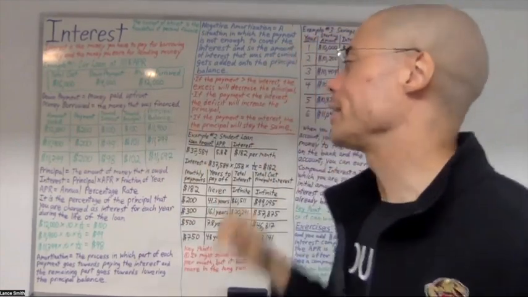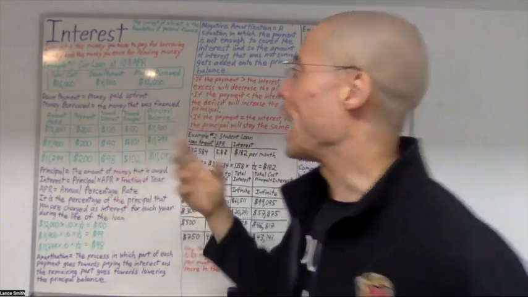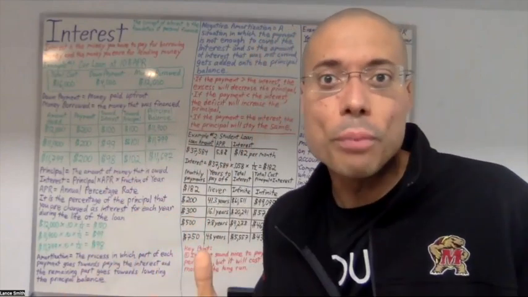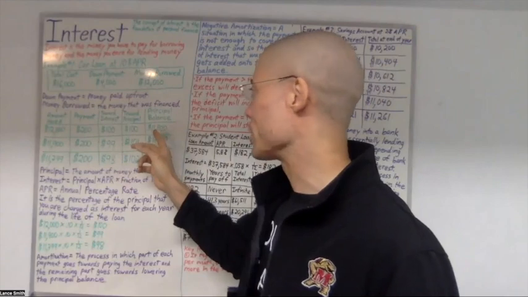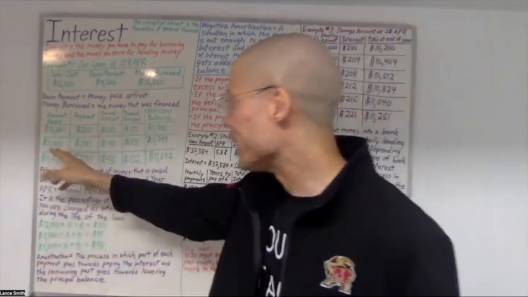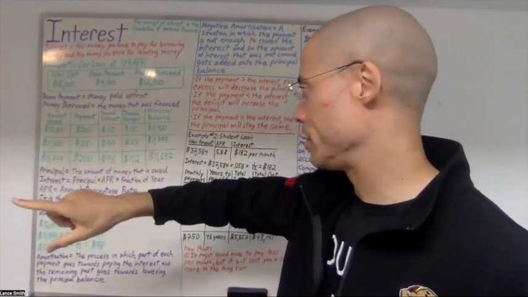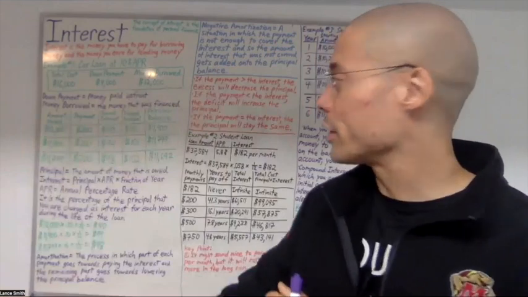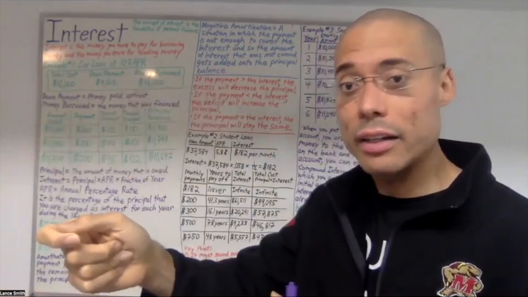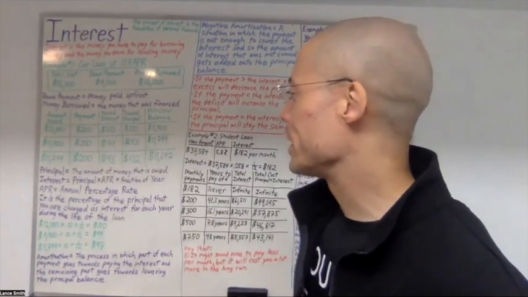Okay, so now at the start of the next month, how much is our principal balance? It's 11,900. So the amount that we owe now is 11,900. Okay, now let's go through the second month. We pay another payment of $200. But now here's the thing, how much of that is going towards the interest?